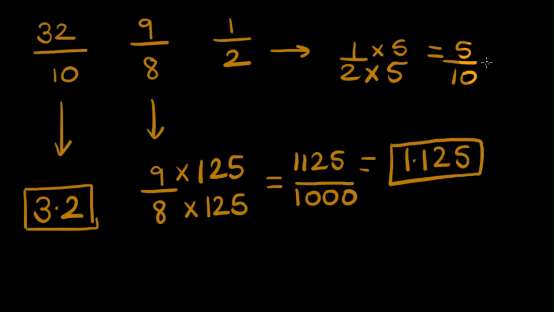Now again, there is one 0 after 1, so there will be 1 digit after the decimal point. In this case I just have 1 digit. So what will I do? It's simple. You put the digit 5 after the decimal point, and because there's nothing before it, it will be filled by 0. So this is the decimal you'll get, and we are done.